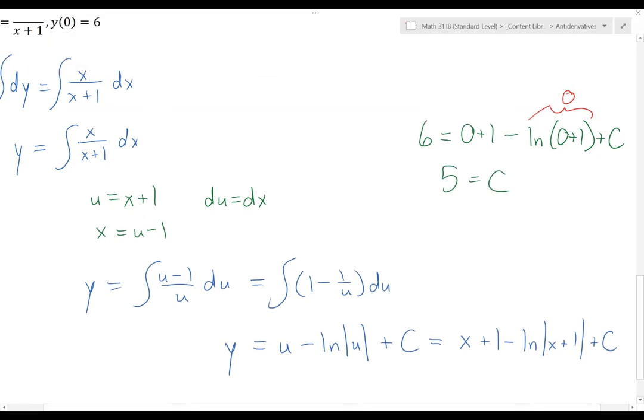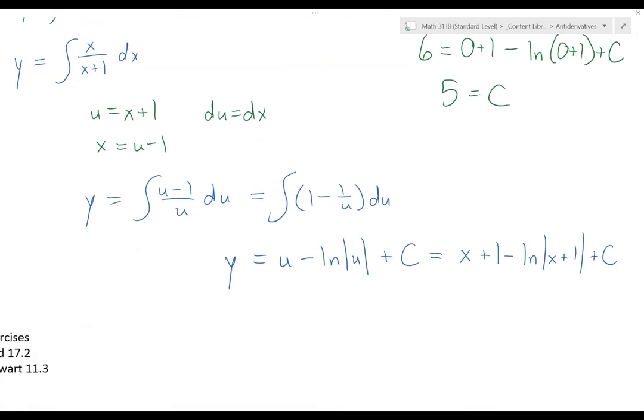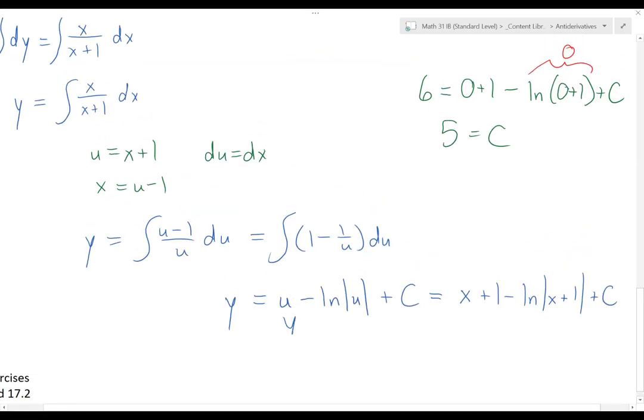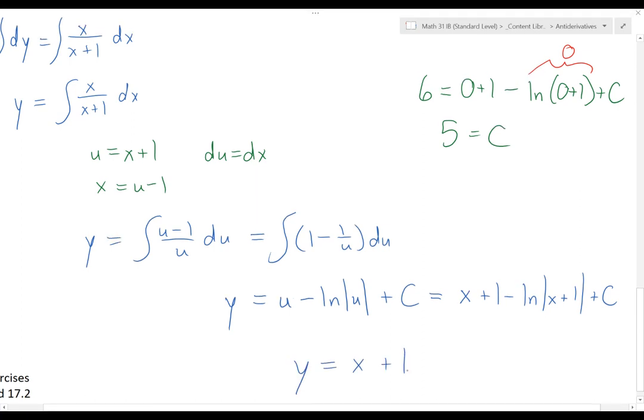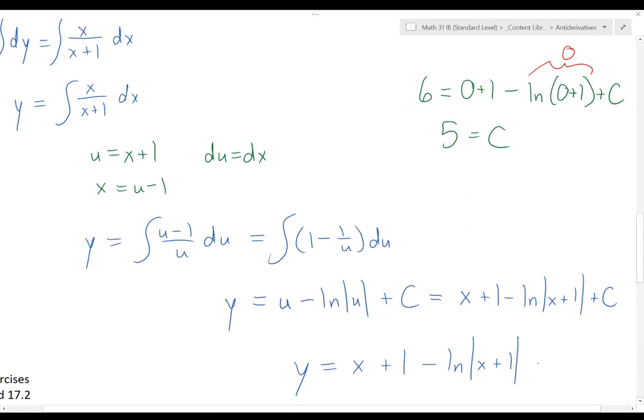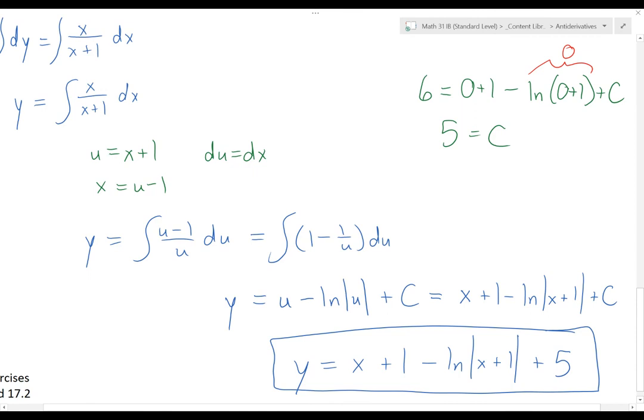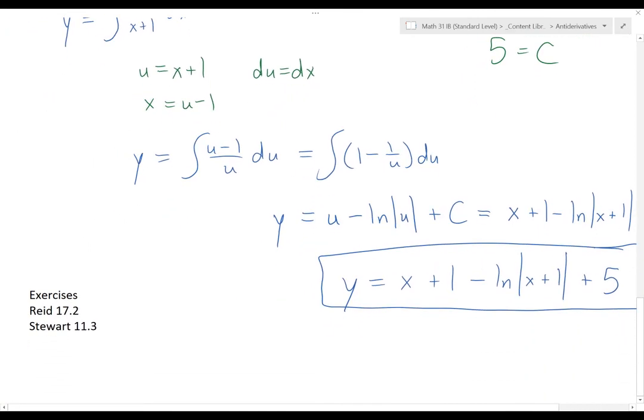So we have 0 plus 1 plus 0, so in other words, just 1, which I subtract, so 5 equals c. So what we end up with as our final function is that y equals x plus 1 minus the natural log of the absolute value of x plus 1, plus 5. And that is the specific function that satisfies these conditions.